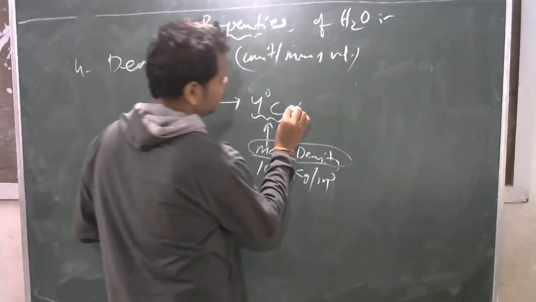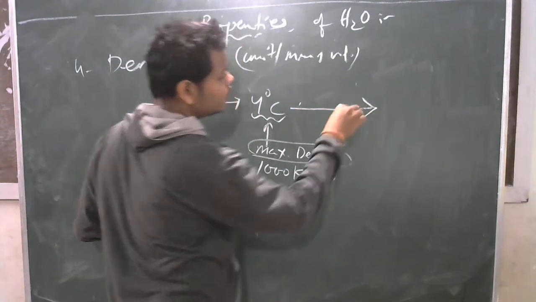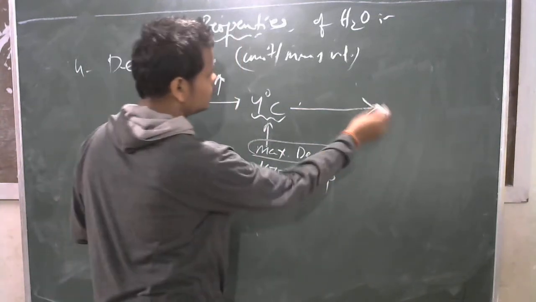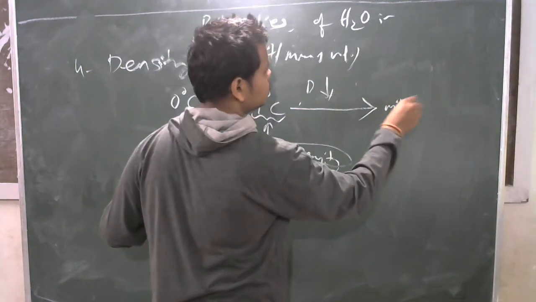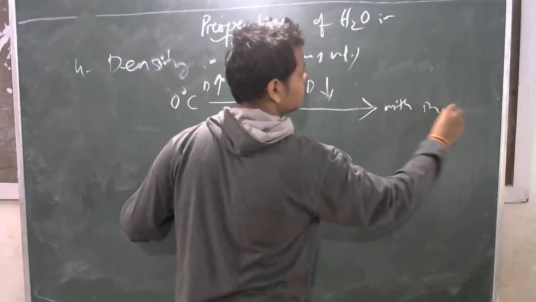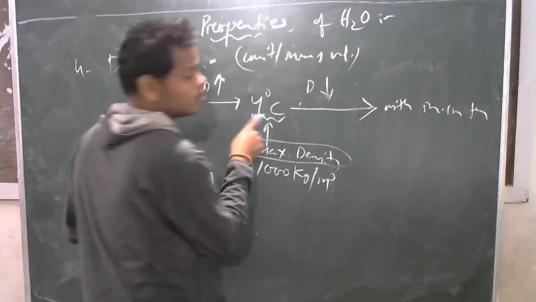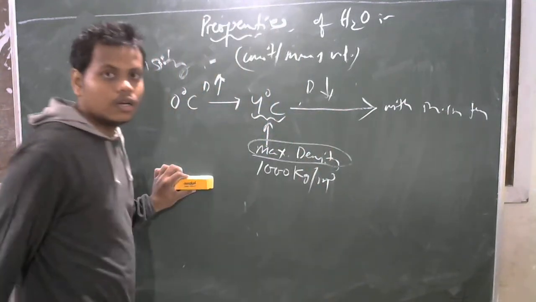But after 4 degree Celsius, with an increase in temperature, density decreases. Beyond 4 degree Celsius, the density of water decreases.